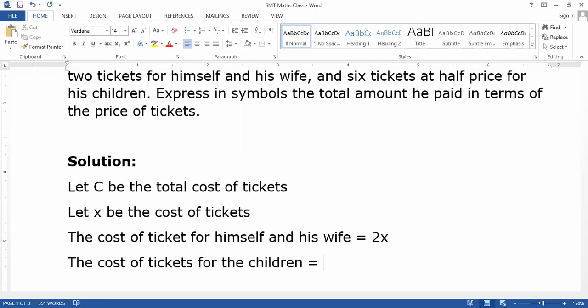Any suggestion? If he bought 2, it's 2X. And here they are saying 6 tickets at half price for his children. So it's 1 divided by 2, half, multiplied by 6, so something like 6X, half into bracket is 6.